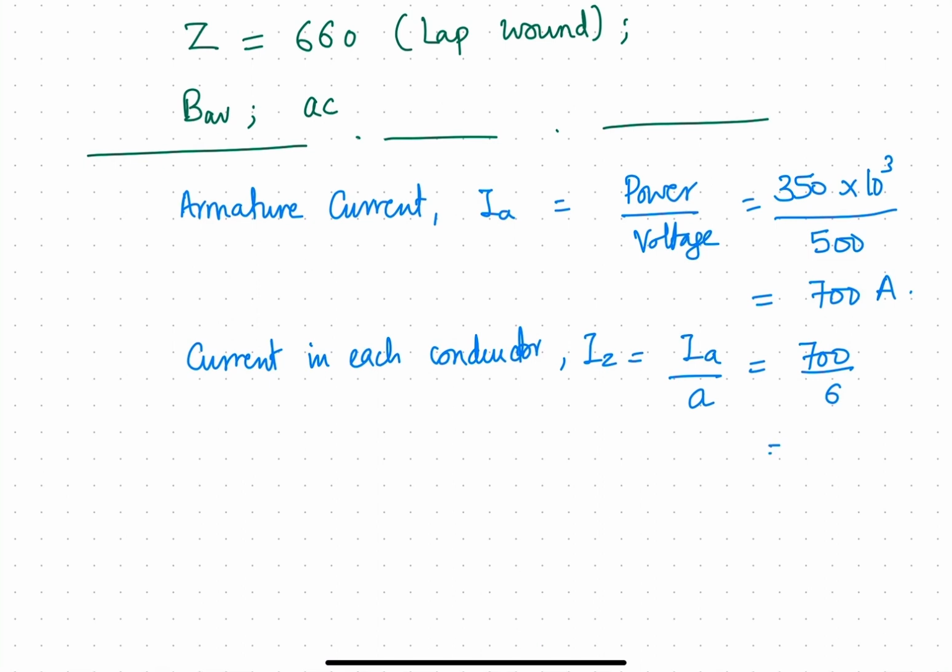So this comes out to be 116.66 amperes, since A is equal to P for a lap winding. This is from your machines course.